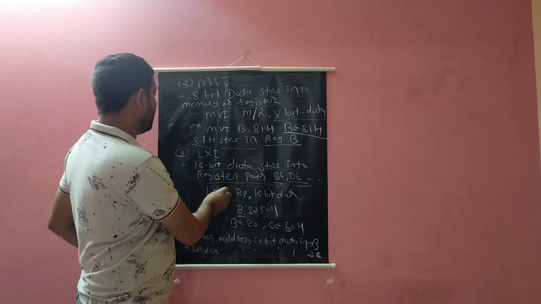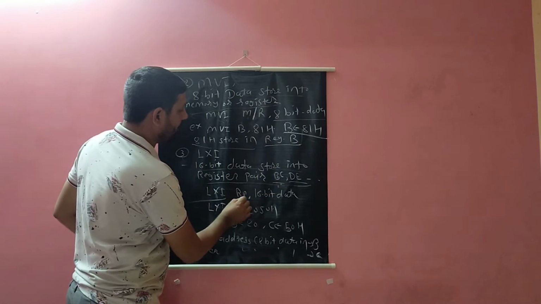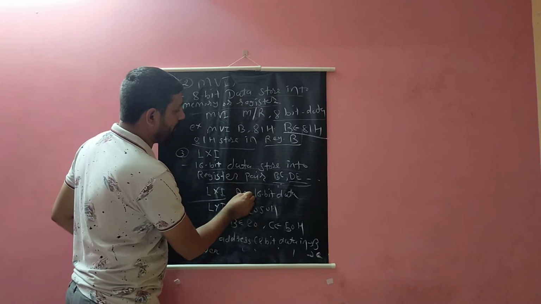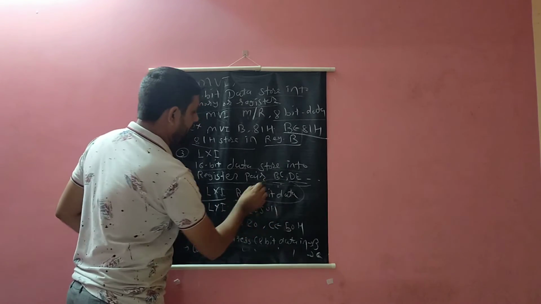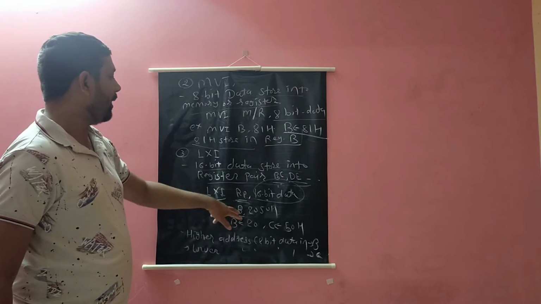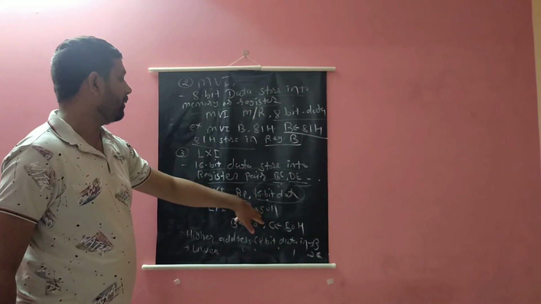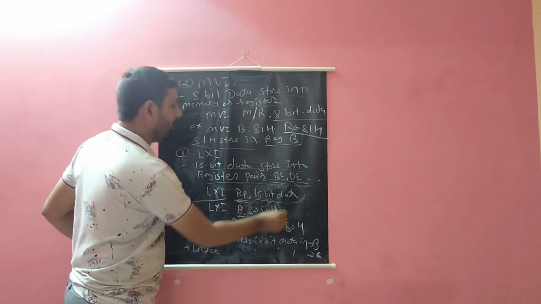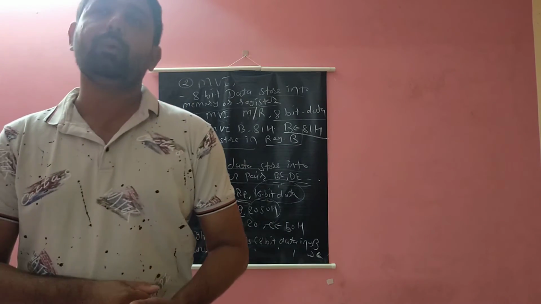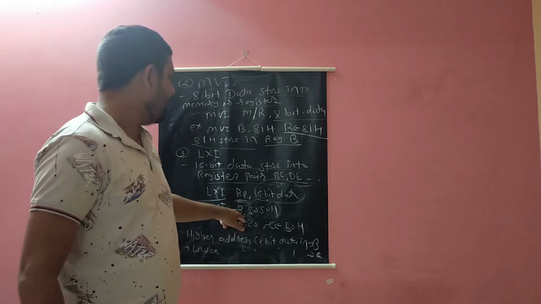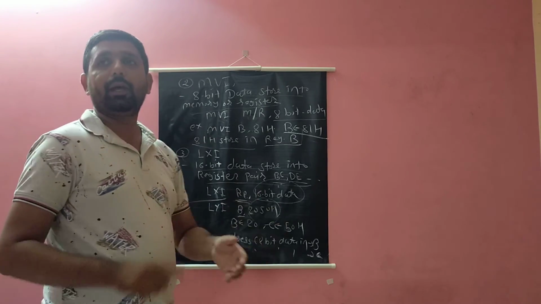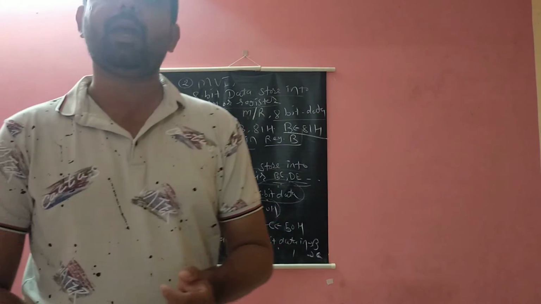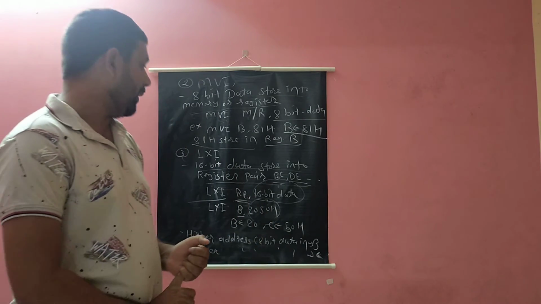So the syntax is LXI register pair, 16-bit data. For example, LXI B, 2050 means 2050 is stored into register pair BC. There are two parts in the 16-bit data, the higher byte and the lower byte.